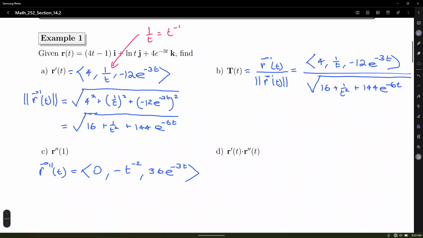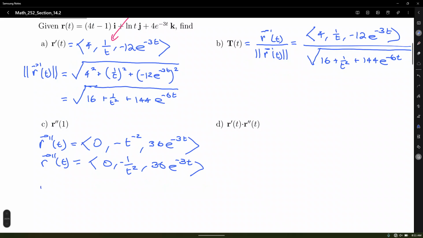So now we may evaluate this at 1, but you might want to rewrite this with positive exponents: 0, negative 1 over t squared, 36 e to the negative 3t. That's our r double prime. Okay?